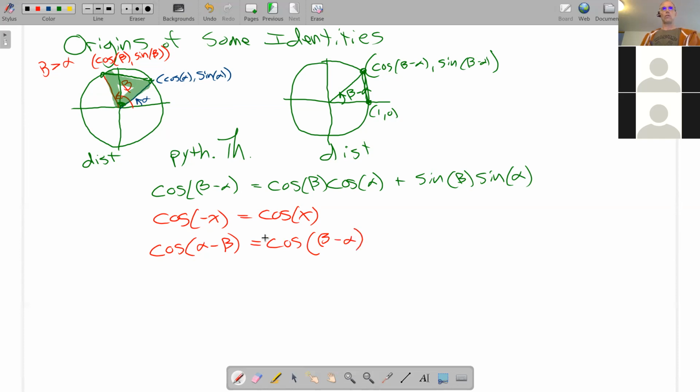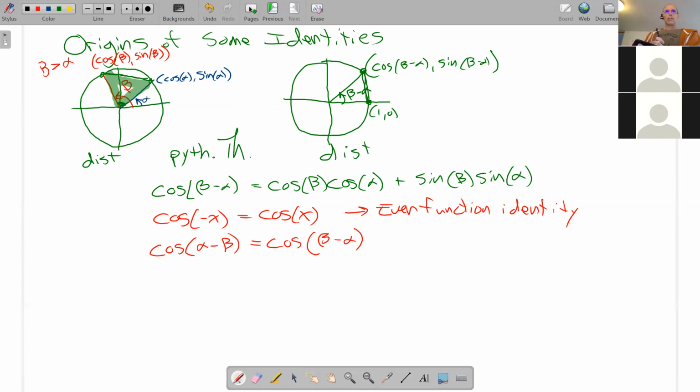Because when you change the order of subtraction, you just change the sign, right? So that's the same thing. And this right here is the definition of an even function. So a reminder of an identity from before.